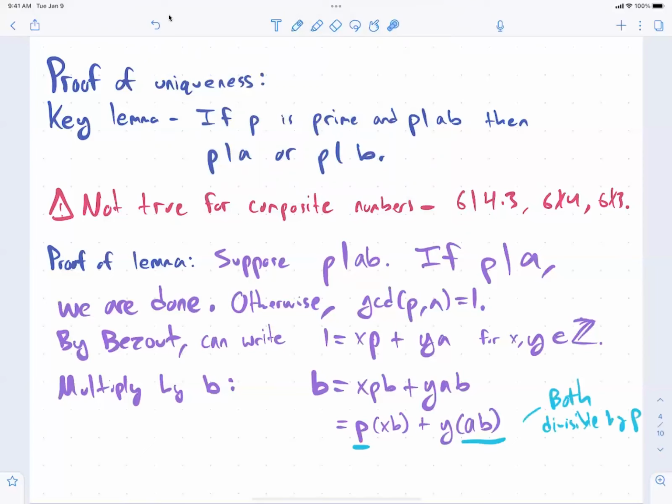So each term on the right is divisible by P. But if I add together two things that are divisible by P, then the result is also divisible by P. So that means B is divisible by P.